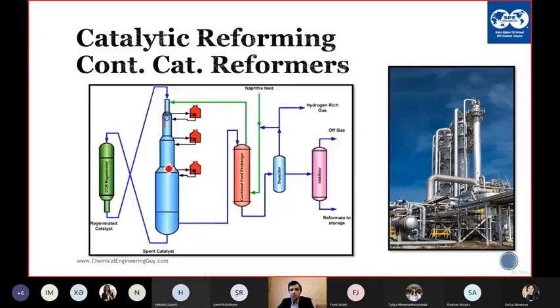So I will ask you why we need continuous regeneration. What's the advantage of continuous regeneration? Any idea?